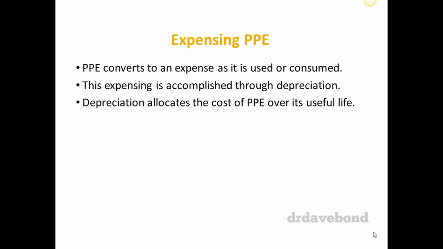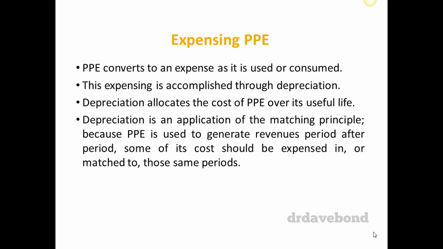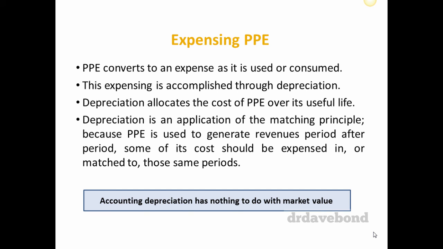Depreciation. It's an allocation of cost over useful life. It's a matching principle idea because it matches the revenues from the property or from the equipment to the expenses of that. It is nothing to do with market value.